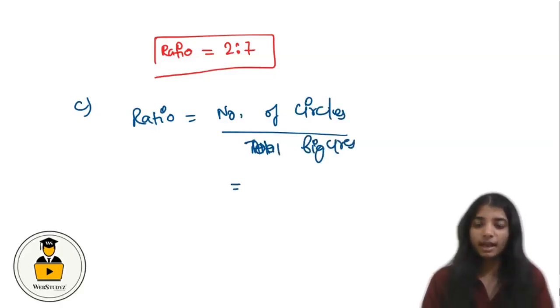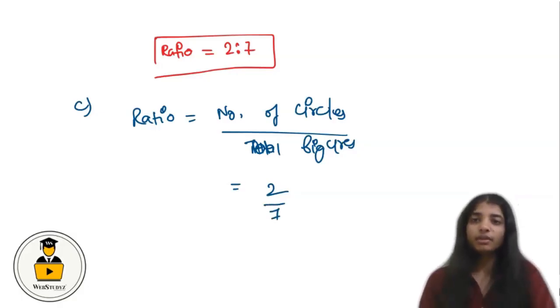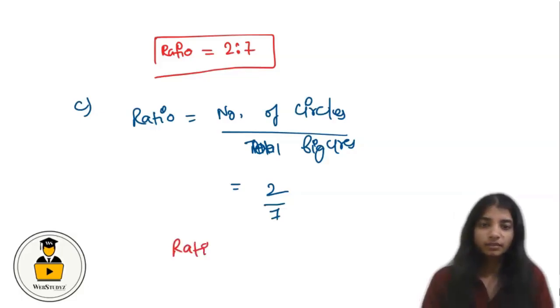We know that inside the rectangle there are 2 circles and the total number of figures is 7. So the ratio of the number of circles to the total figures is equal to 2:7. This is the answer to part C of this question.